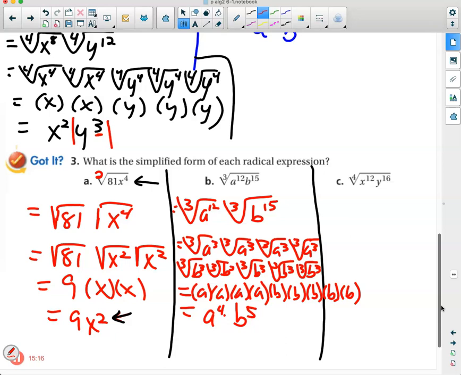If we take 15 and divide it by 3, we get 5. If we take 4 and divide it by 2, we get 2. So the ones that we've had so far were perfect because they were always divisible by what we had for our index.